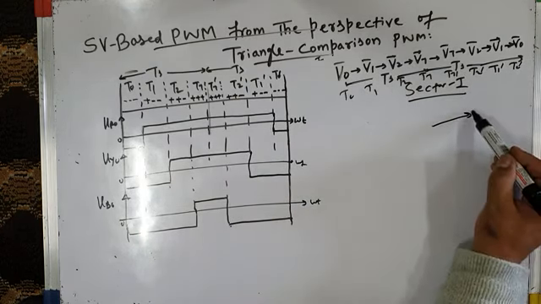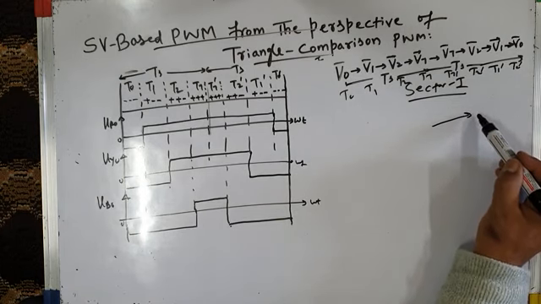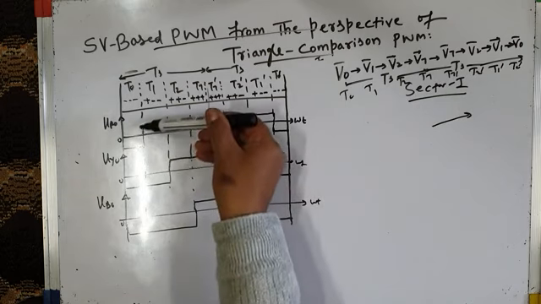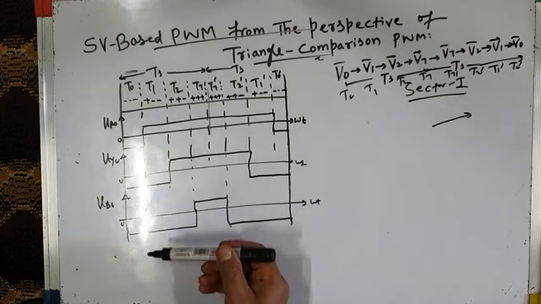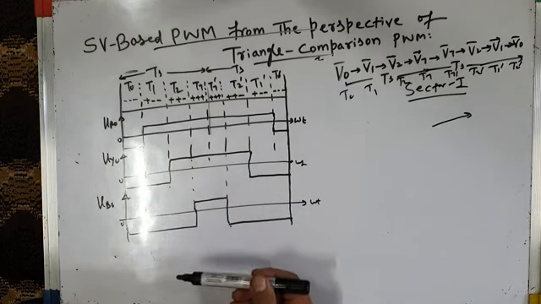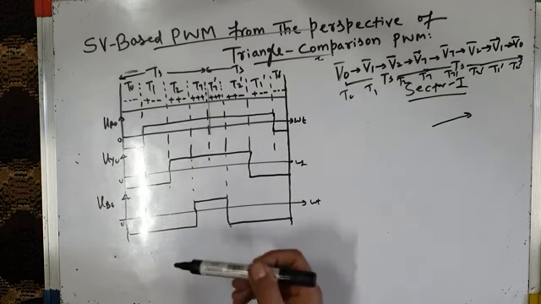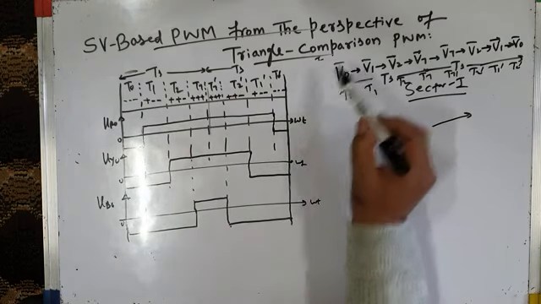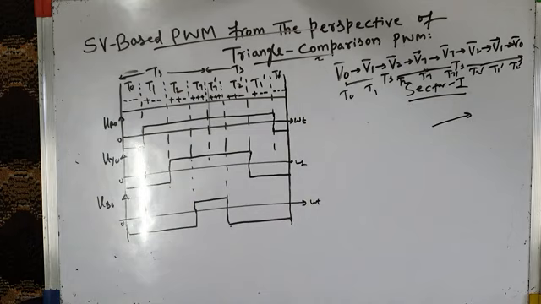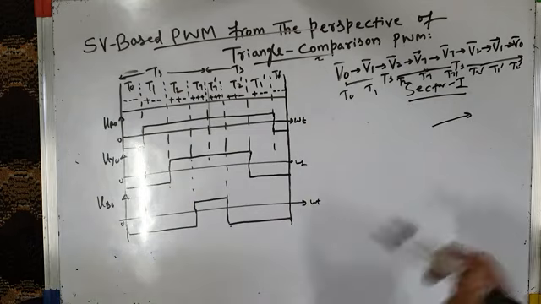It produces the reference vector VREF, which represents 3 phase pole voltages VRO, VYO, VBO, from which we can find 3 line voltages VRY, VYB, VBR, and 3 phase voltages VRN, VYN, and VBN. Each voltage space vector basically represents 3 phase voltages. Okay, this is in sector 1.